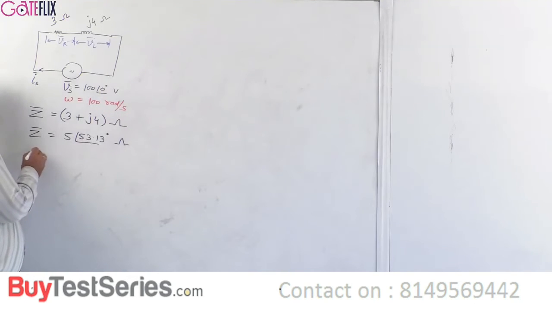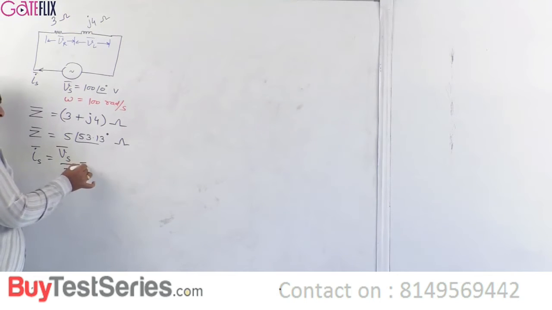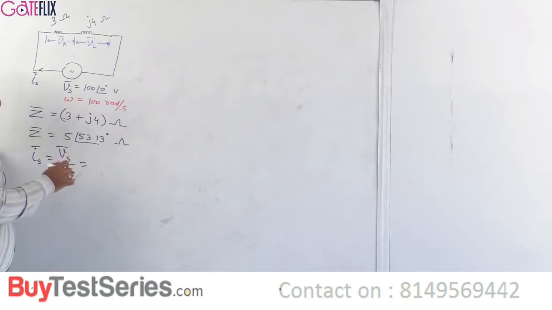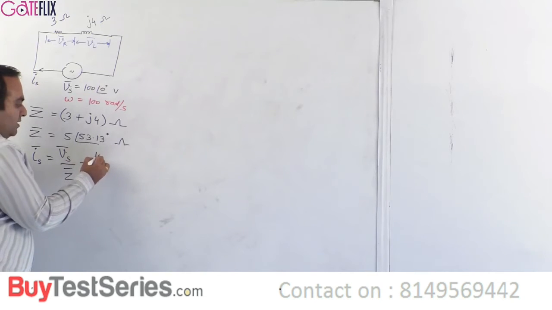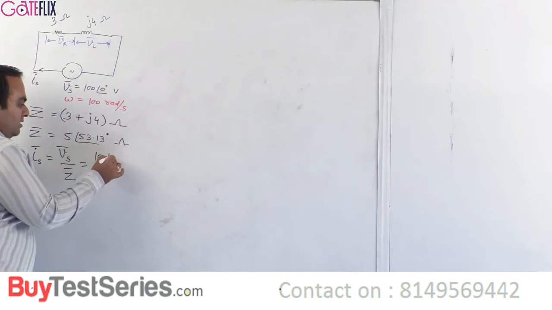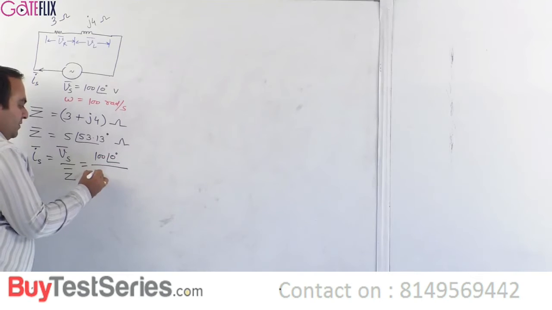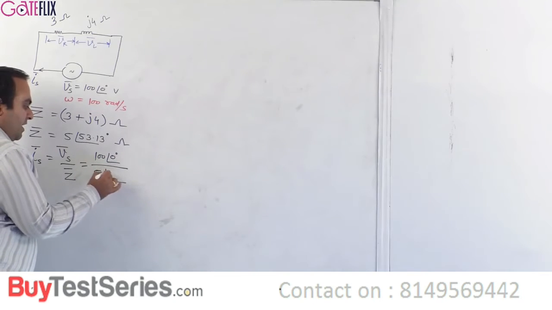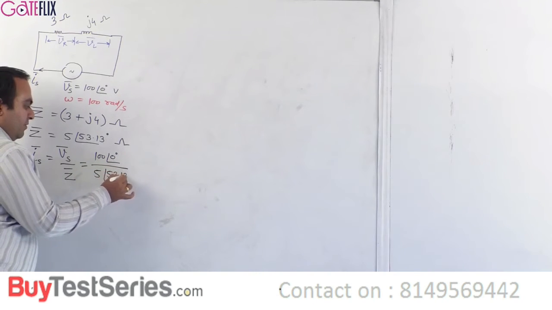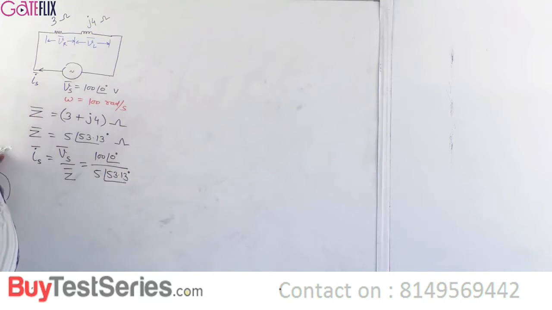I can get the current phasor once I divide the voltage phasor by the impedance phasor. Is this okay? So voltage phasor is 100 angle 0 degrees and impedance phasor is 5 angle 53.13 degrees.